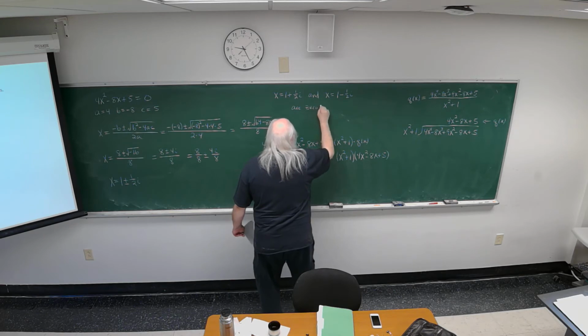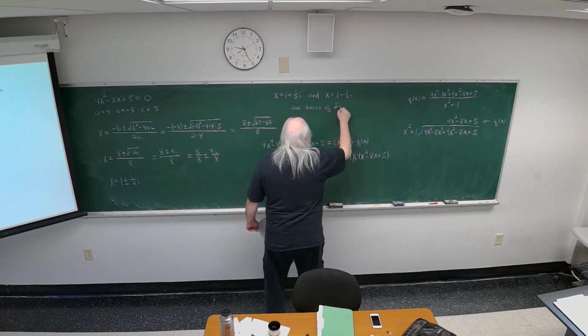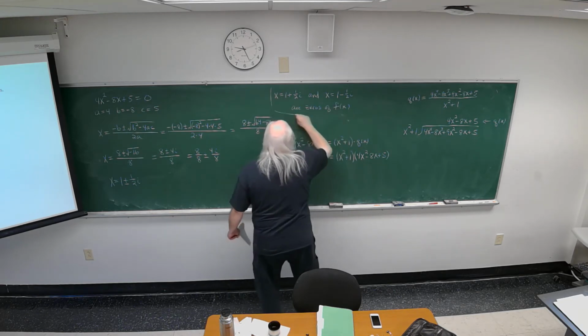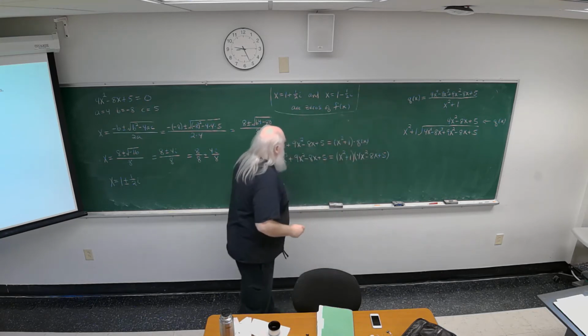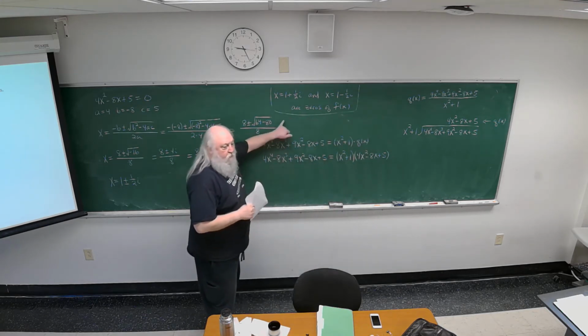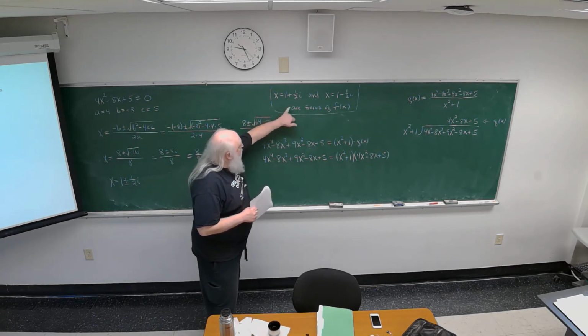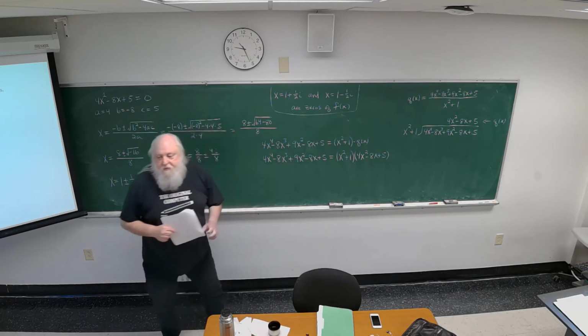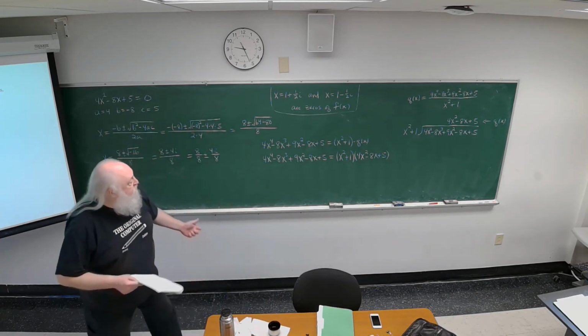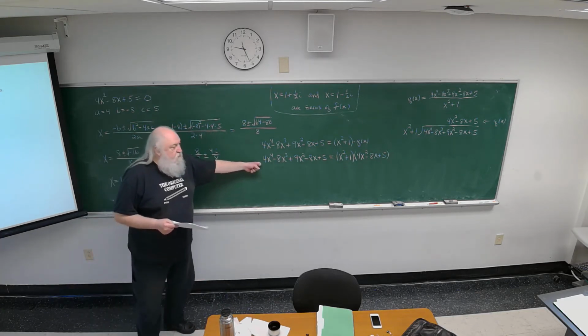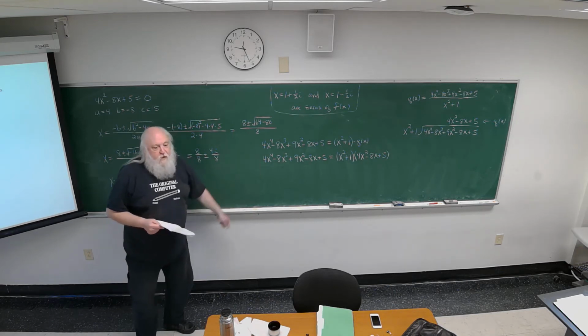These are zeros of f of x. The first two are x equals i and x equals minus i. And the last two are x equals 1 plus 1/2 i and x equals 1 minus 1/2 i. So for this fourth degree polynomial, all four zeros are complex numbers.